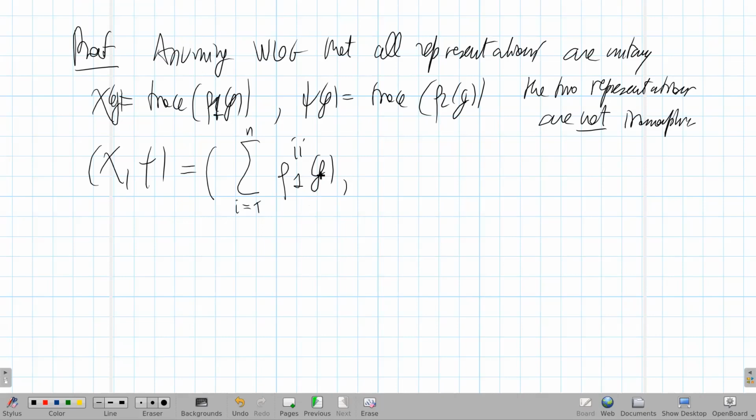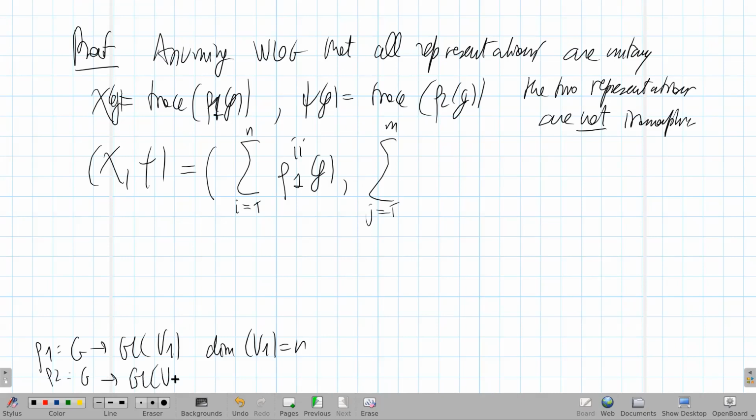And here you will have the same with rho 2, the sum this time j from 1 to m. So we are assuming that rho 1 goes from G to GL(V1), where the dimension of V1 is n, and rho 2 goes from G to GL(V2), where the dimension of V2 is m. So here I will have rho 2 j j of g.